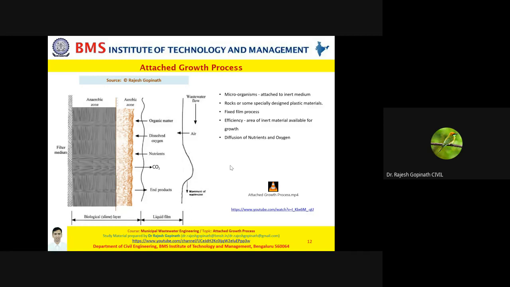So basically what is happening here? If I imagine that we have this as a filter medium, then when the wastewater is initially flowing, I want you to observe carefully. Look at the movement of my cursor. Let us say you have the filter media here, some rocks, some slags, ceramics.